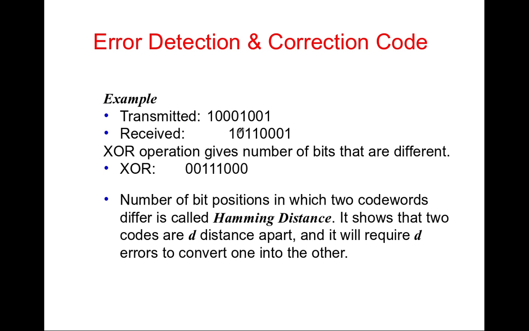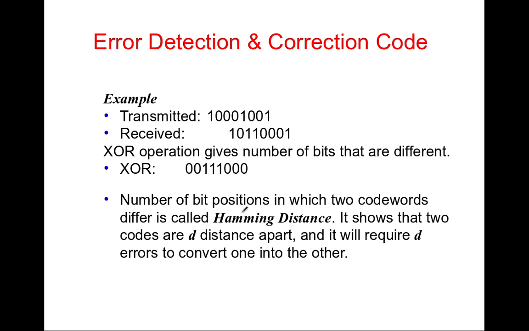Obviously, the receiver will not have the actual or correct code. This is just an elaboration of how the XOR operation can give the number of bits for our calculation. The receiver will only have this much of data. So 3 bits have changed between what was sent and what was received.